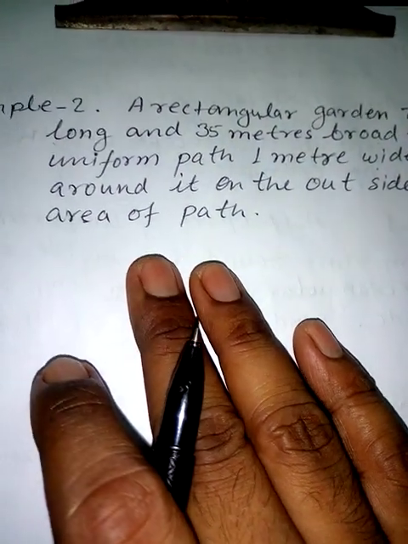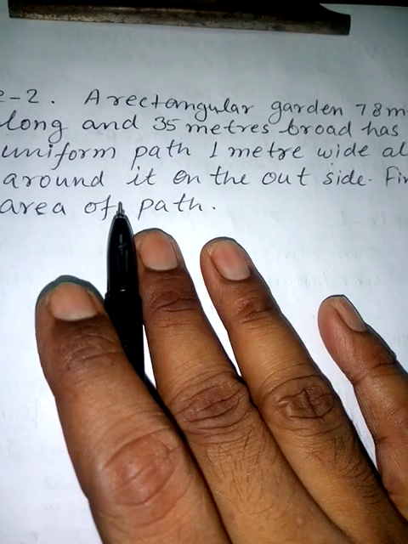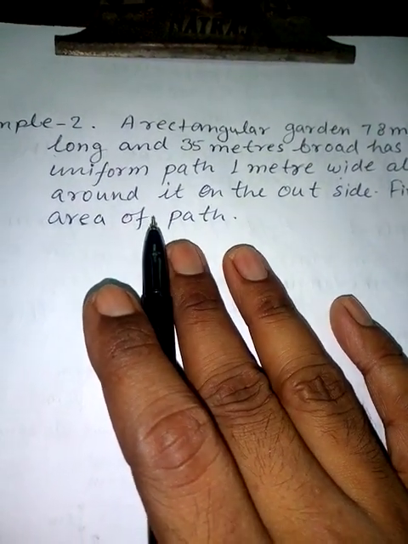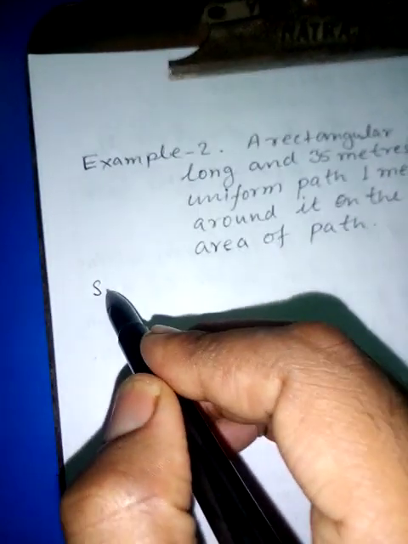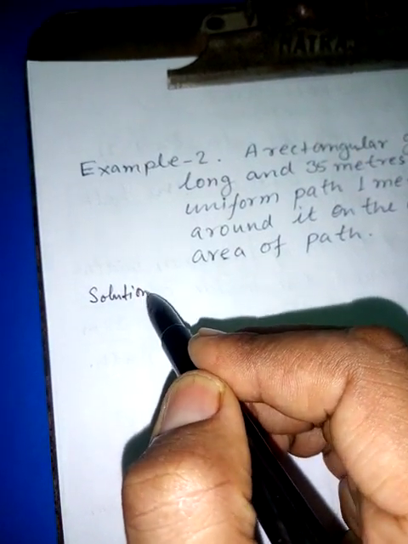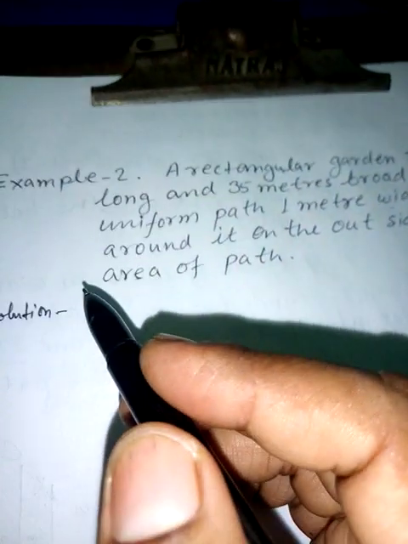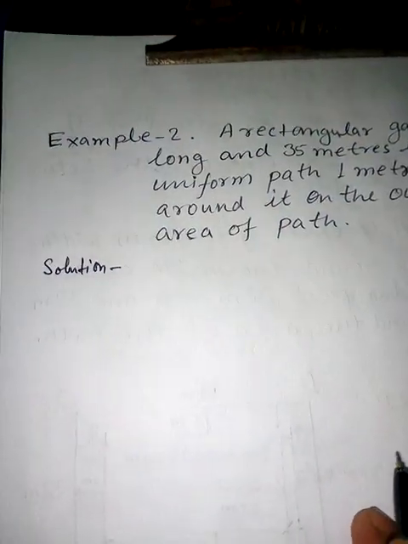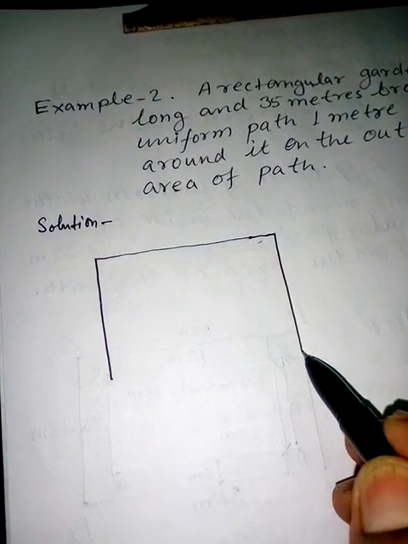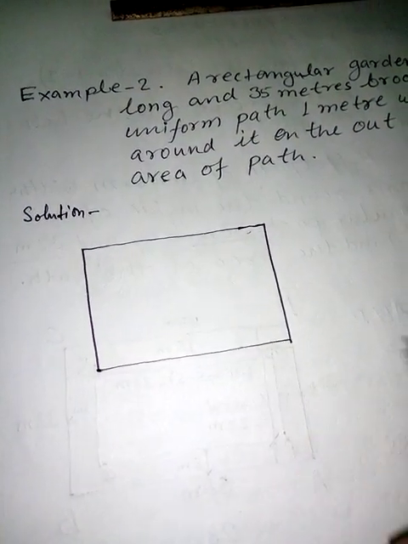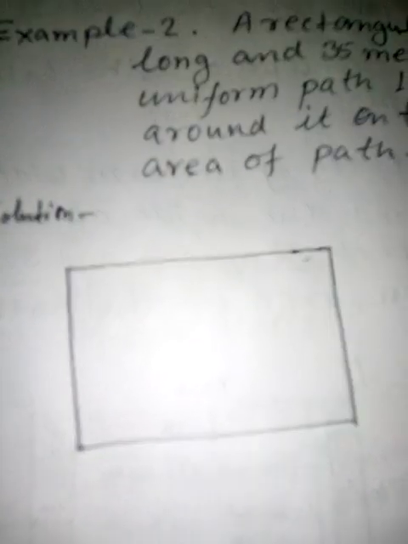Now we are going to find out the area of this rectangular path which is outside of the rectangular garden. So in this solution, first we have to draw the figure. Here I am taking a rectangle. You can use pencil and ruler to draw the rectangle.